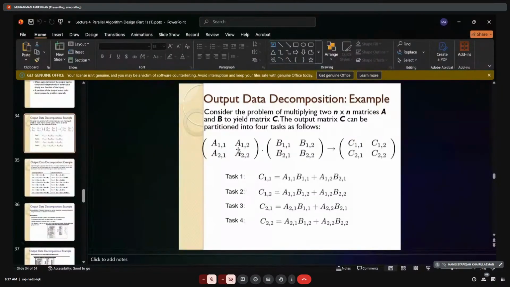And in task 3, what do we choose? We choose the second row of matrix A, which is A21, and it will multiply with the first column of matrix B, plus A22 into B21, and the last one with the second column, A22 into B22. Simple, 4 steps. Very simple matrix multiplication. It's not rocket science.